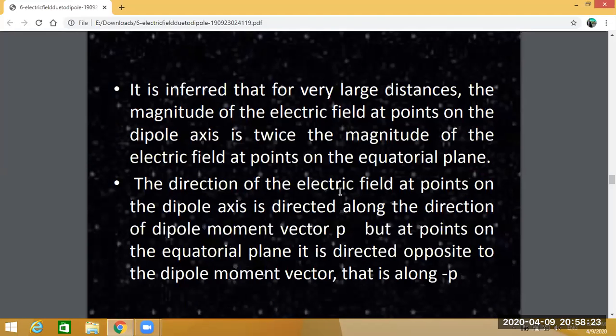The direction of electric field at points on the dipole axis is along the direction of dipole moment vector P, but at a point on the equatorial plane, it is directed opposite to the dipole moment vector, that is along minus P.